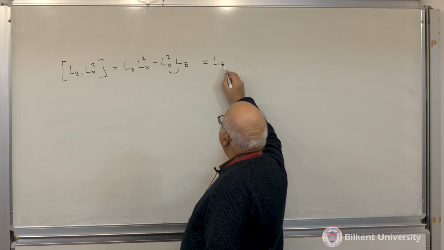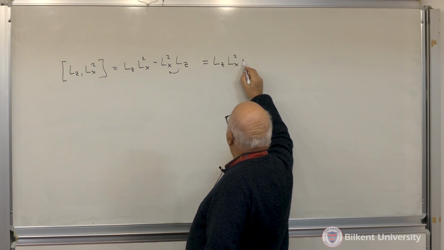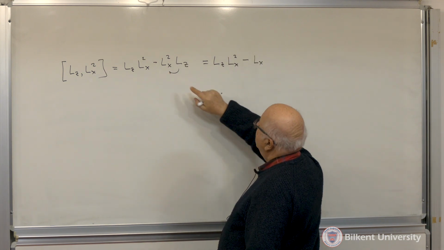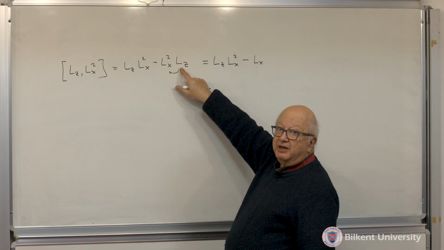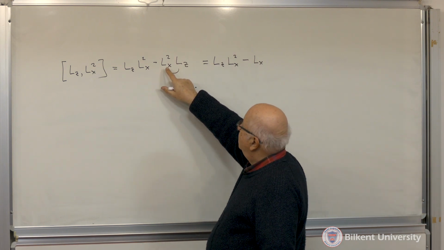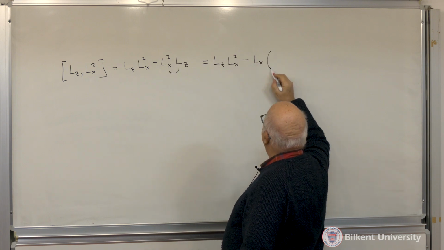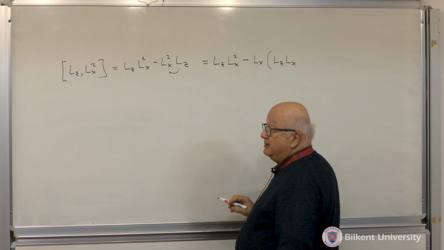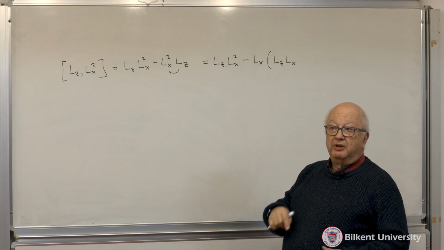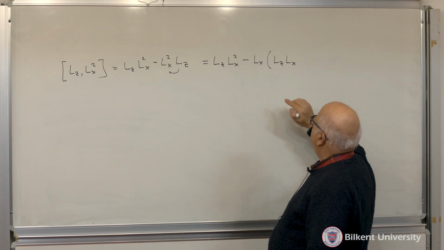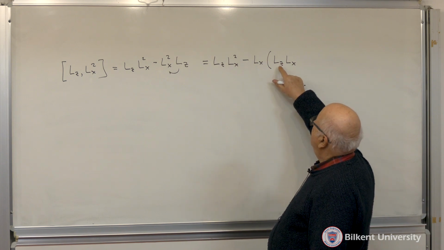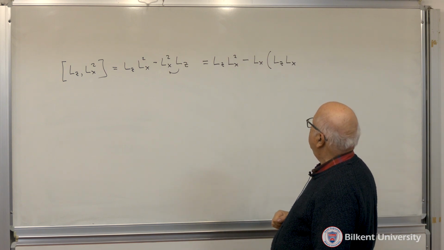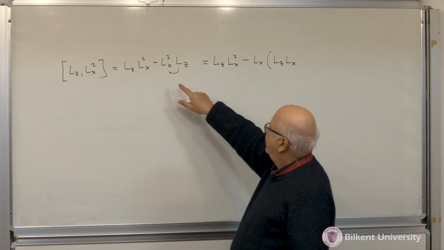I have Lz Lx squared minus, okay, I have Lx times another Lx times Lz. So instead of that Lx times Lz, I am going to put them in the opposite order, Lz Lx. But now I have to add to that the commutator of Lx Lz.